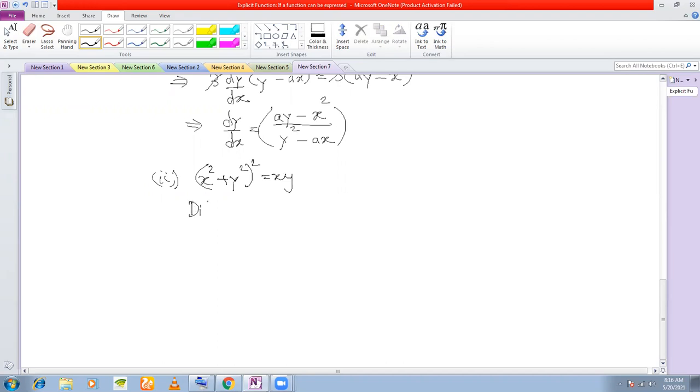We'll first say differentiating both sides with respect to x. Now, I'm showing you all this step by step only for these two sums. After this, I'll be doing directly. So left hand side you differentiate and you differentiate the right hand side.